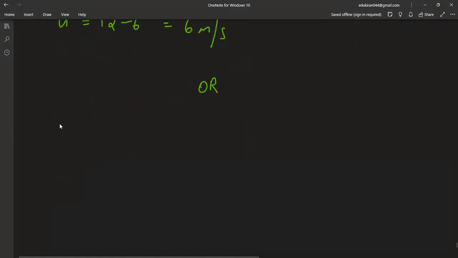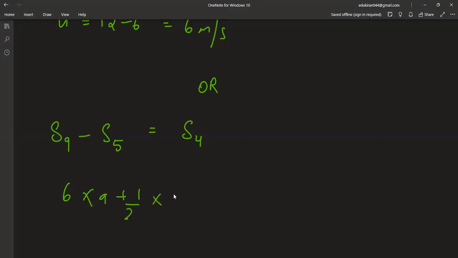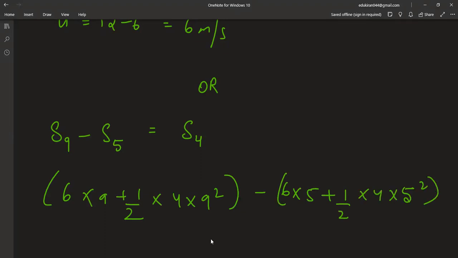What you can do, you can subtract S5 from S9 so that you get the distance. So once you put 6 into 9 plus half, 4 into 9 square, minus 6 into 5 plus half into 4 into 5 square.